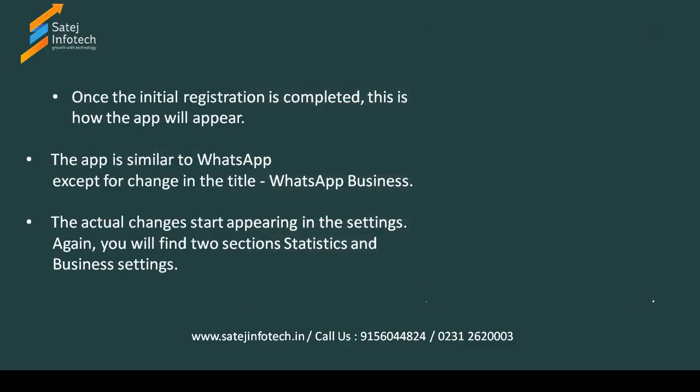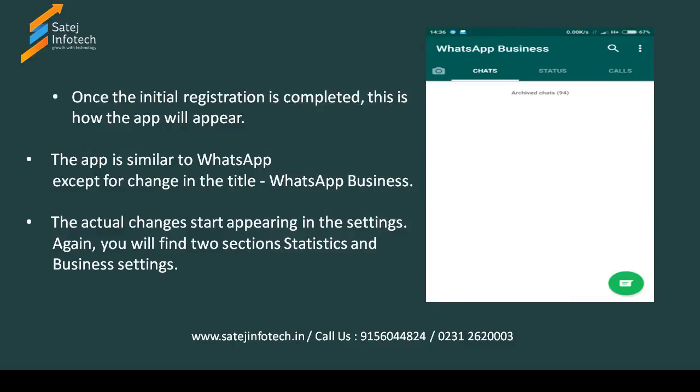Now moving on. Once the initial registration is complete, this is how your WhatsApp for Business app will look. You have this business tag in here, so you can differentiate it from your personal WhatsApp. The app is quite similar to the personal WhatsApp we are used to, and it has the same features like chat, status, search, calls, and settings.